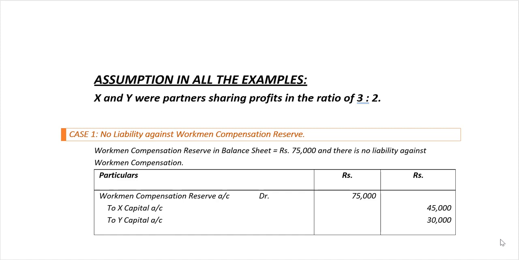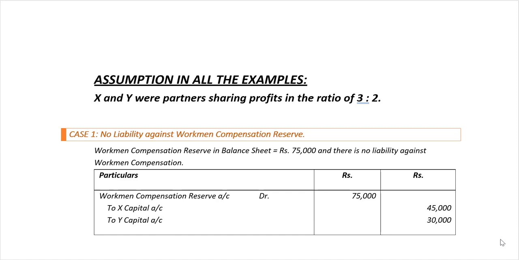We'll begin with the first case. No liability against the workman compensation reserve, that is, a workman compensation claim is 0. Example, the workman compensation reserve in the liability side of the balance sheet is rupees 75,000 and there is no liability against it.